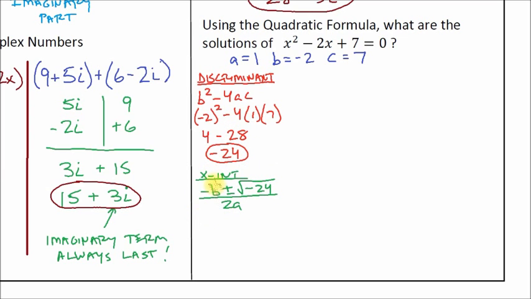Let's go ahead and plug in our b value. b is negative 2, so negative of negative 2 is positive 2 plus or minus the square root of negative 24 over 2 times a? Well, a is 1, so 2 times 1 is just 2. So we have found our x-intercepts. Let's put a box around that. There we go. So we found our x-intercepts.